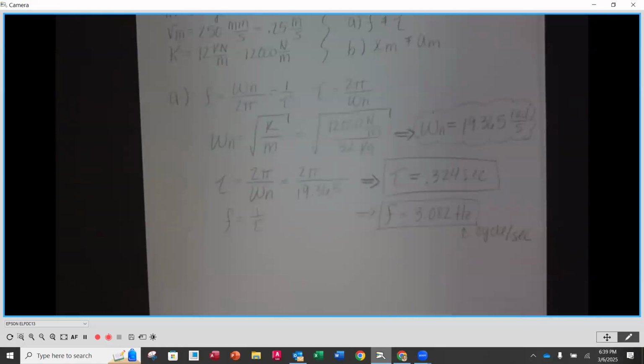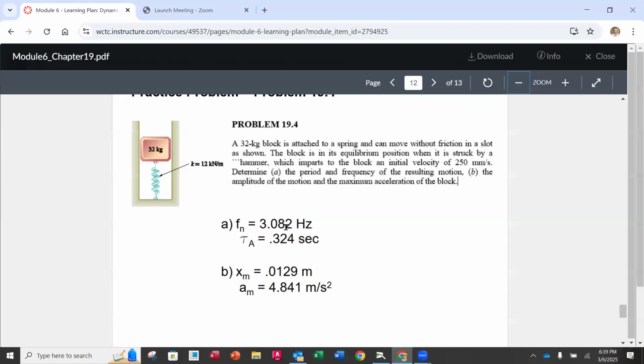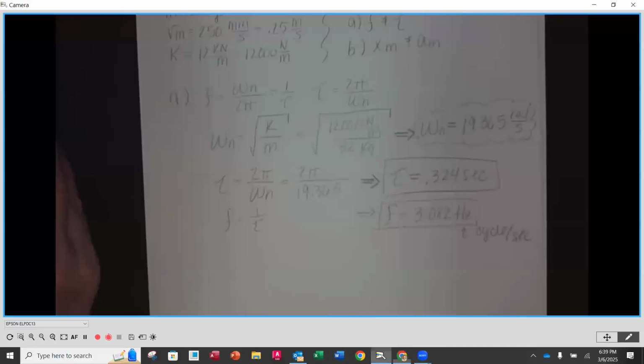The frequency is how often cycles occur in one unit of time, and the period is how much time is between each cycle. So that's part A. Let's check our answers. Hopefully they're the same. They are. Now we're ready for the second part, the amplitude, which is our maximum distance from the equilibrium point, and our maximum acceleration.